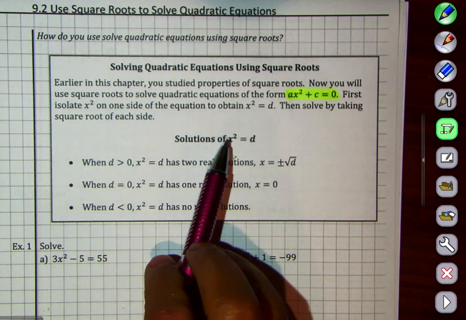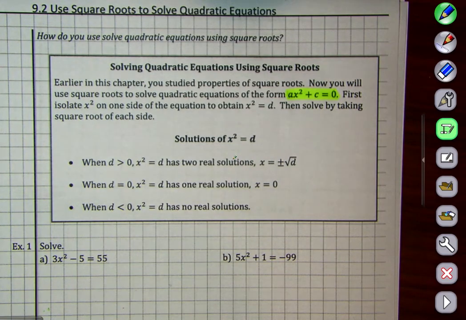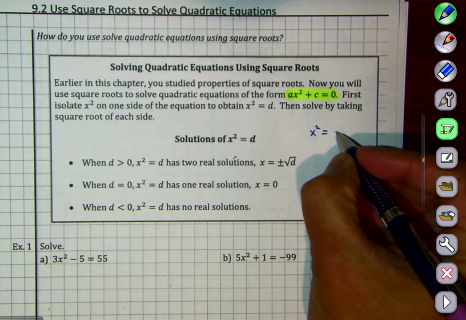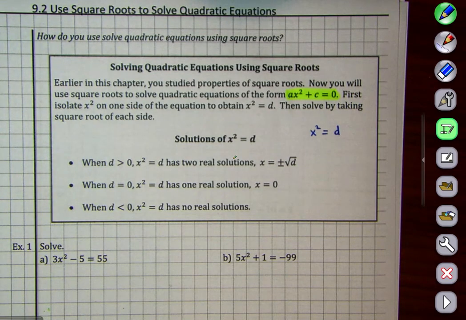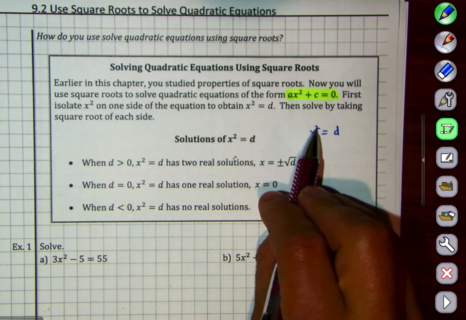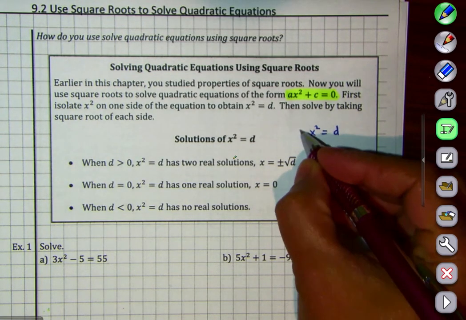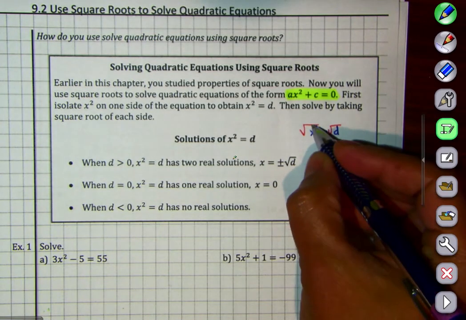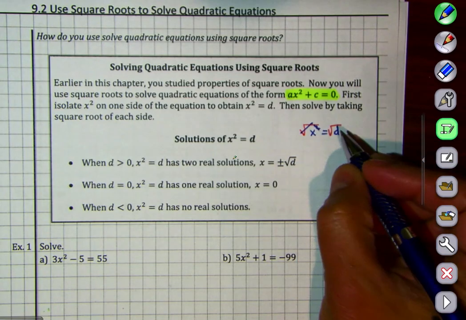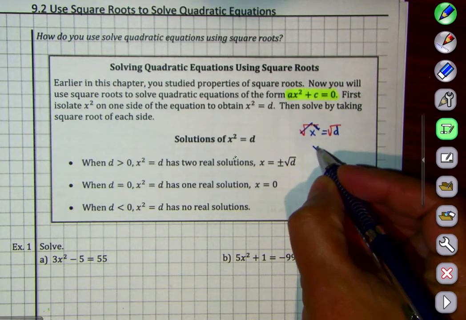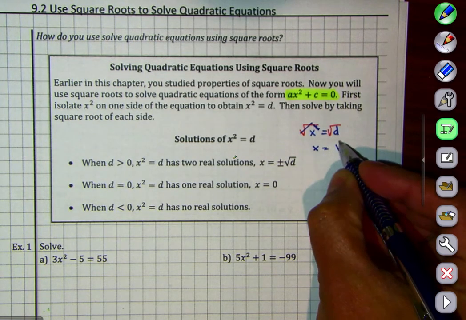So once I have x squared equals d, once you end up with x squared equals a number, then in order to get rid of the square, I'm going to do the inverse operation, which will be the square root. Therefore, the square root and the square are inverses of each other. They're the opposite operation, so they cancel each other out. So therefore, x equals the square root of d.